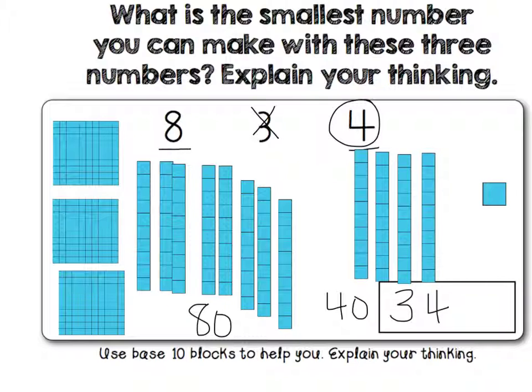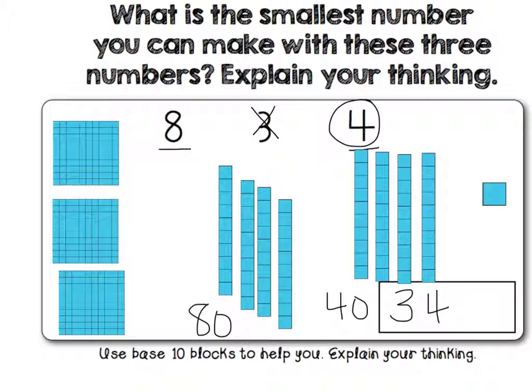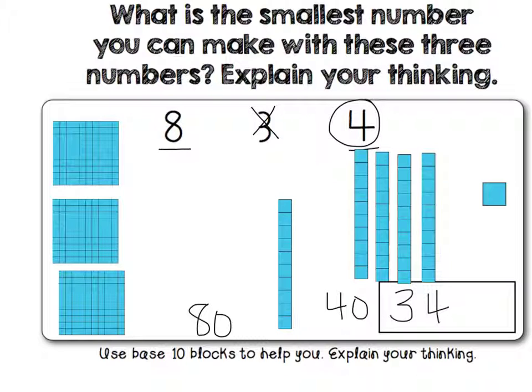So I'm going to go ahead and get rid of my 10s, my 8 tens here. So I have 300, 340, and now I'm looking for the number in my ones place.